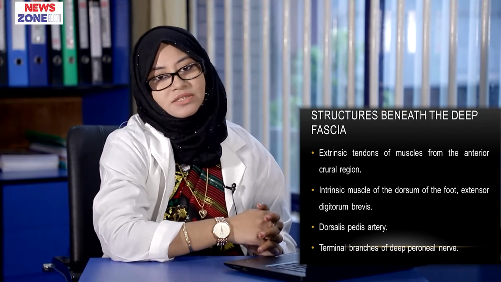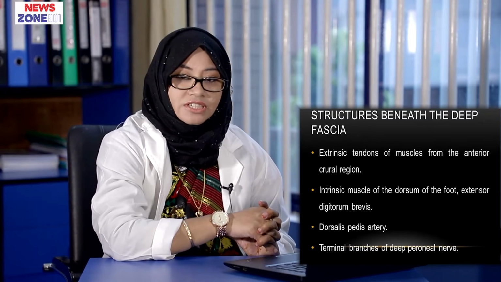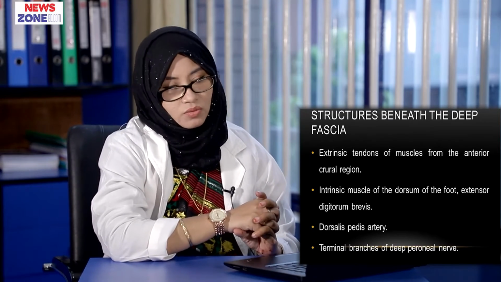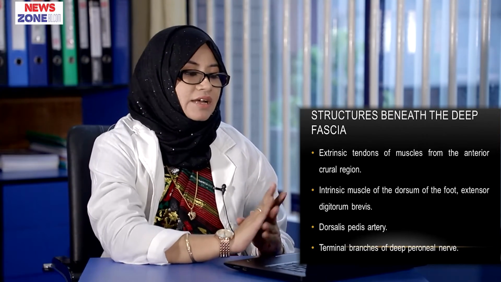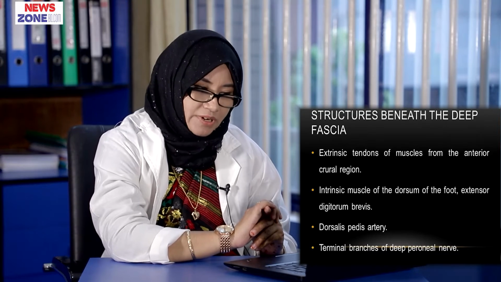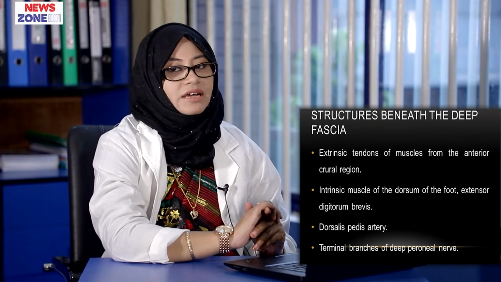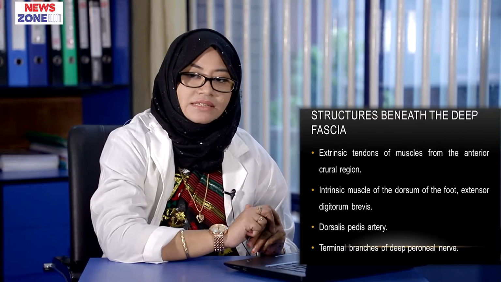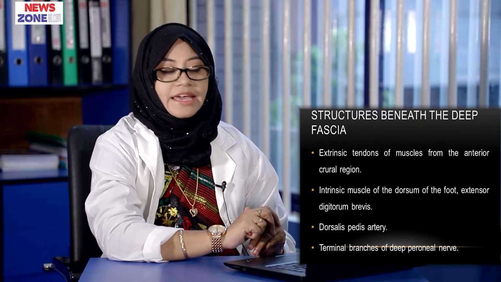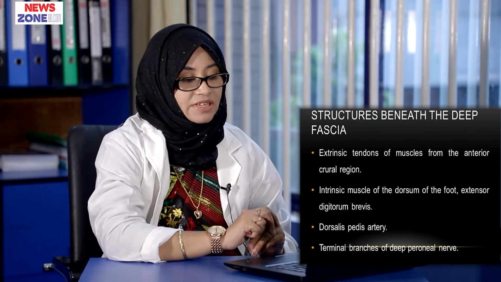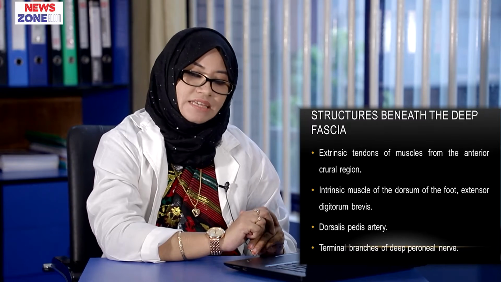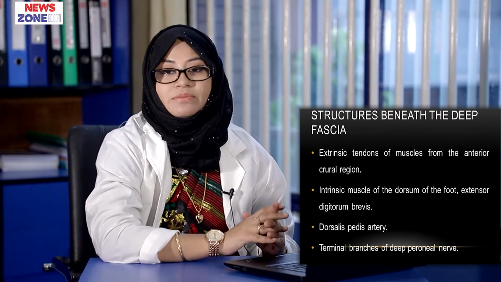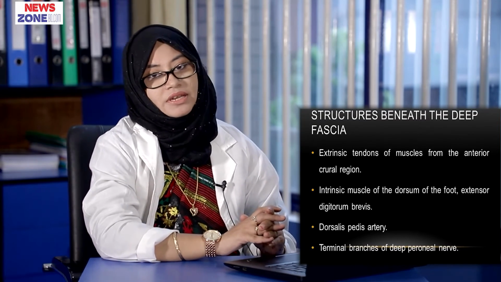Now, structures passing beneath the deep fascia or inferior extensor retinaculum. These are extrinsic tendons of muscles from the anterior crural region, intrinsic muscle of the dorsum of the foot, extensor digitorum brevis, dorsalis pedis artery and terminal branches of deep peroneal nerve.